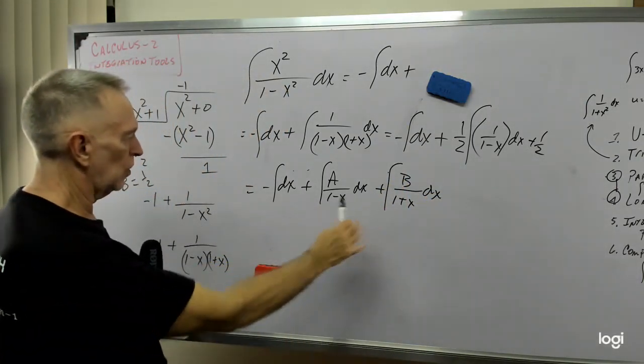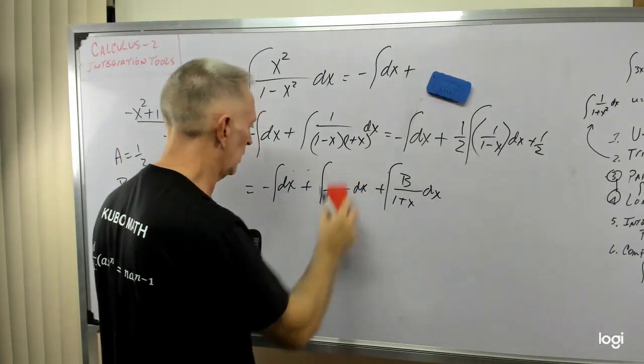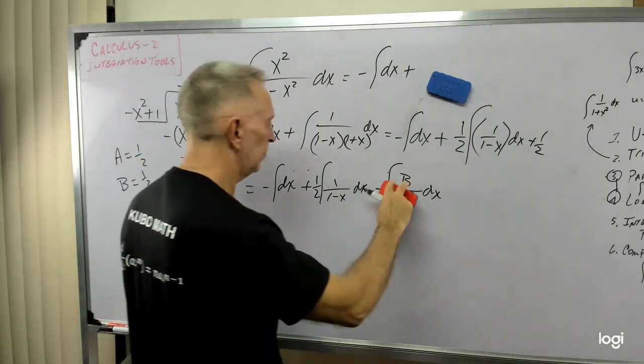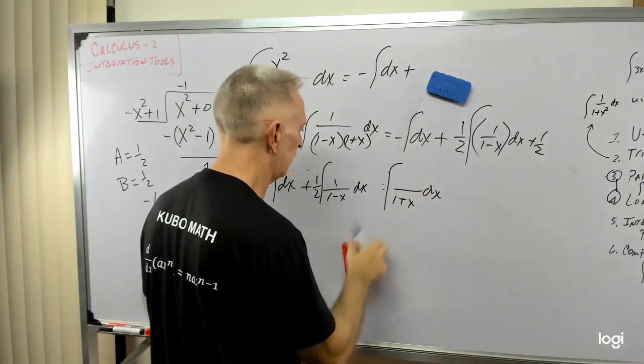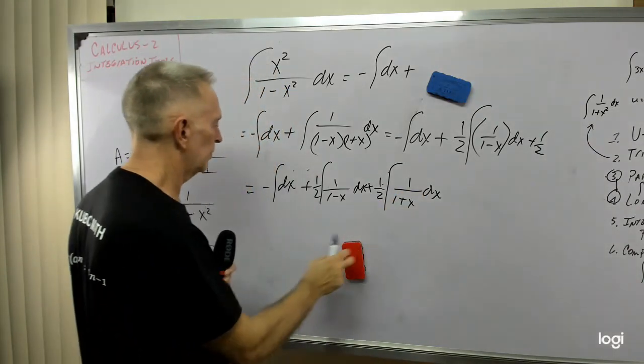I'm about to run out of room there, so let me erase this and move that down. So that's what we had. And then the a was 1/2. I'll put it to the outside. b also was 1/2. I'll put it to the outside also.